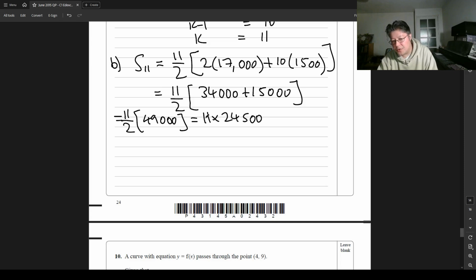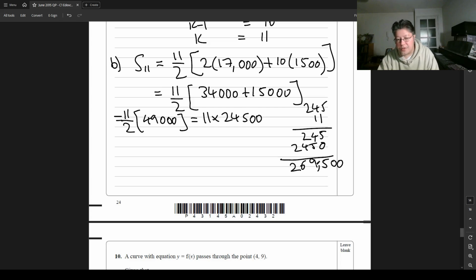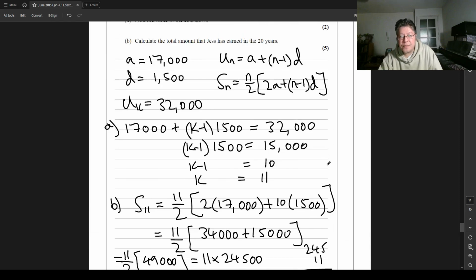And let's just do the multiplication. So 245 times 11 is 245, and another 245, and then we have to add on 2 zeros. Okay, so in the first 11 years, we know that she earns £269,500, but we want to know what she earns in the first 20 years.